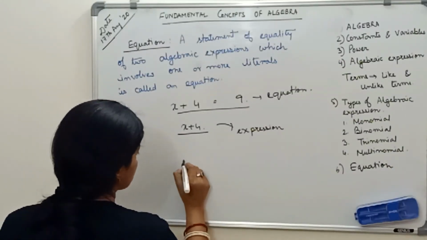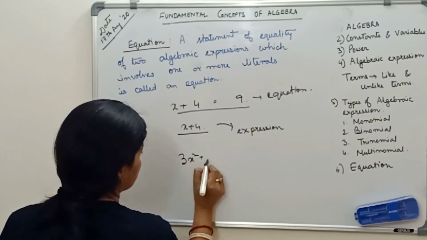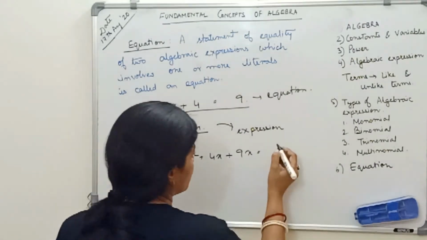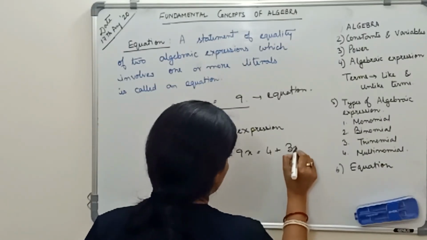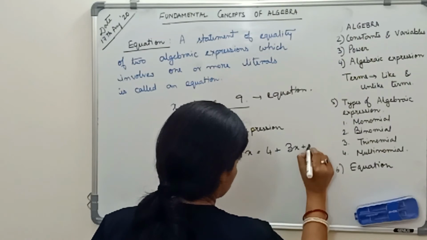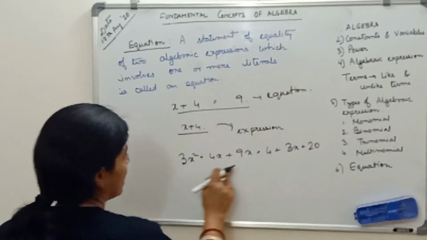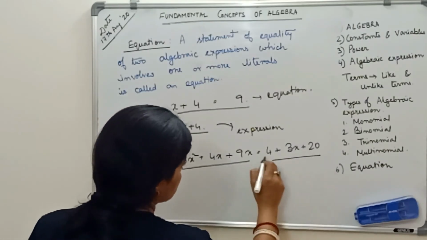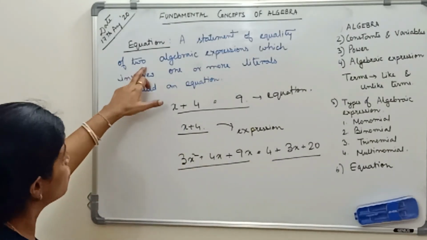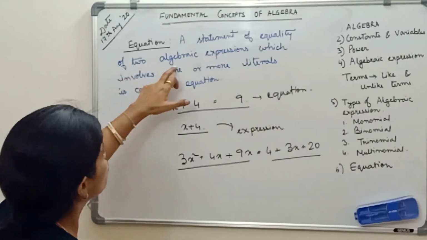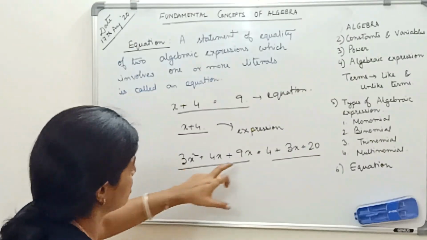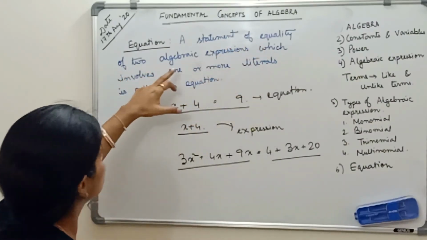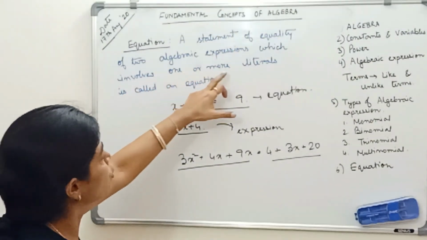So if I write, suppose, 3x square plus 4x plus 9x is equal to 4 plus 3x plus 20, see here, this is an expression, this is an expression, but with an equality sign. So a statement of equality of 2 algebraic expressions. This is an expression, this is also an expression. In between is an equality of 2 algebraic expressions which involves one or more literals.